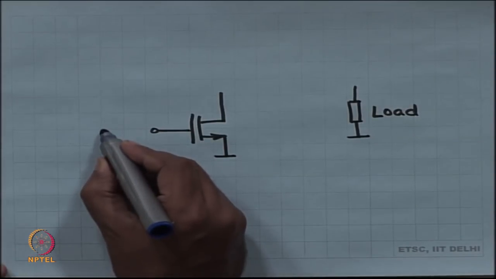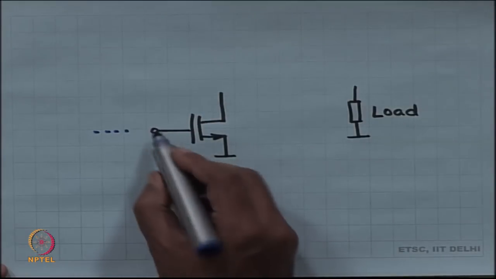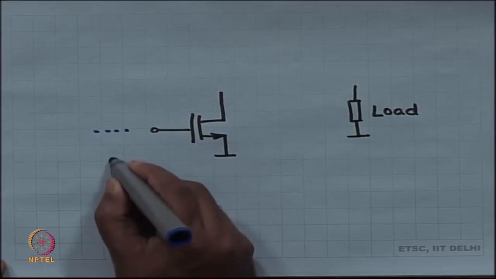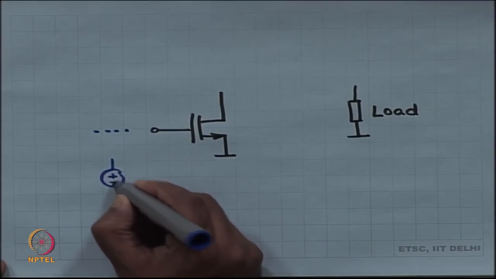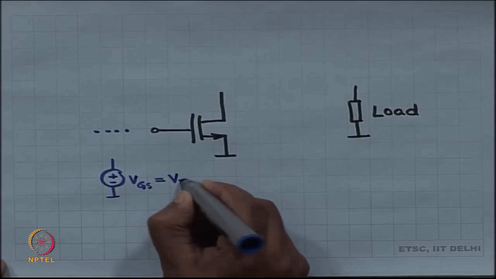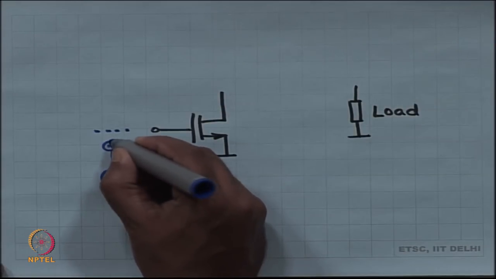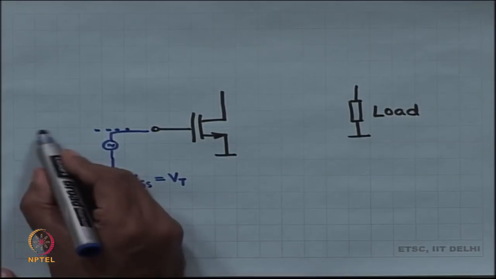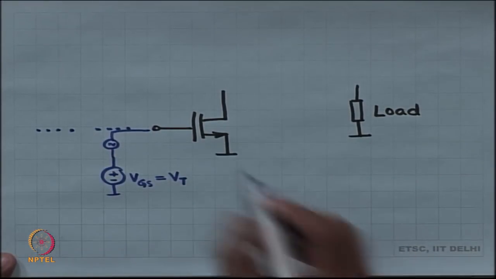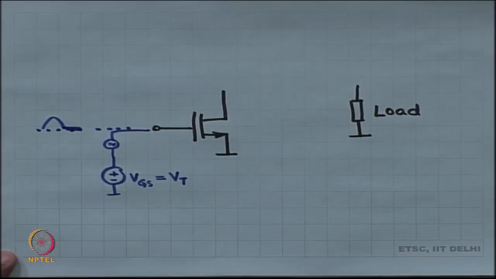That means that when my input, so my VGS is probably exactly equal to VT, right, something like VT, such that when the input goes below VGS, this MOSFET does not conduct at all. When it goes above VGS, the MOSFET starts conducting.